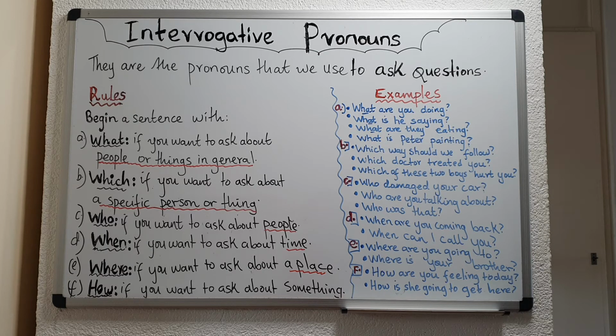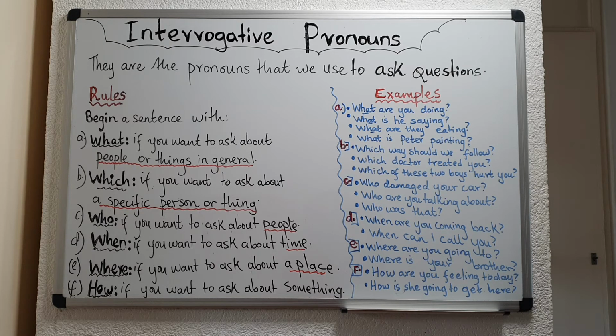Let's move on to C. If you want to ask about people, you want to ask about a person, always begin with who. Every time we begin a sentence with who, we are only asking about people. When you begin your sentence with which, you may be asking about a person or you may be asking about a thing.